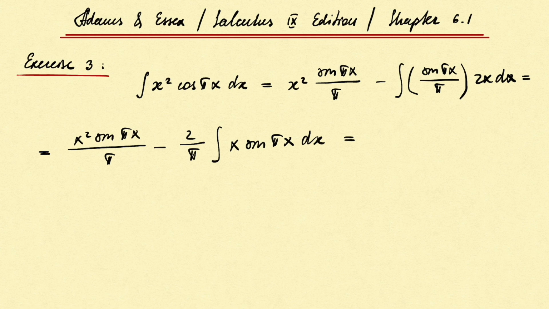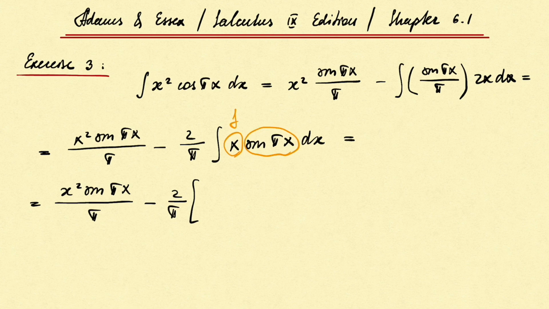Again, as you may see, we preserve our structure, but the polynomial decreases its degree. So we need to apply integration by parts one more time. And we have x squared sine pi x over pi minus 2 over pi, and this time again we will use the polynomial as f and the trigonometric function as g prime. We write x, then we integrate g prime.